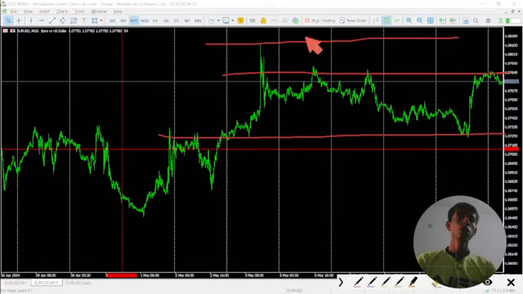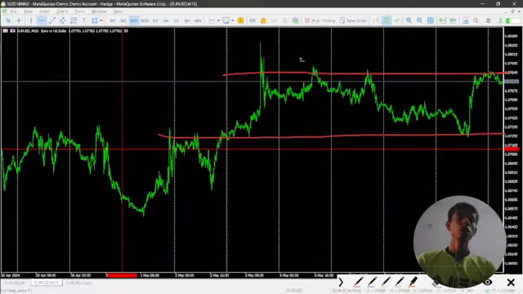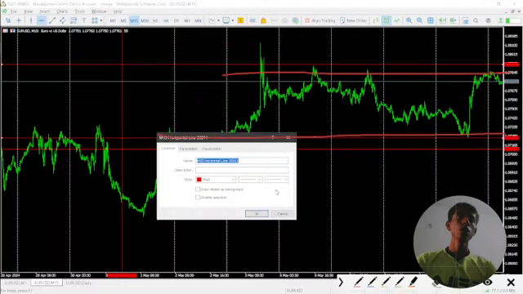So let's just raise these two lines, and now let's make these horizontal lines, one right here and the other one right here.